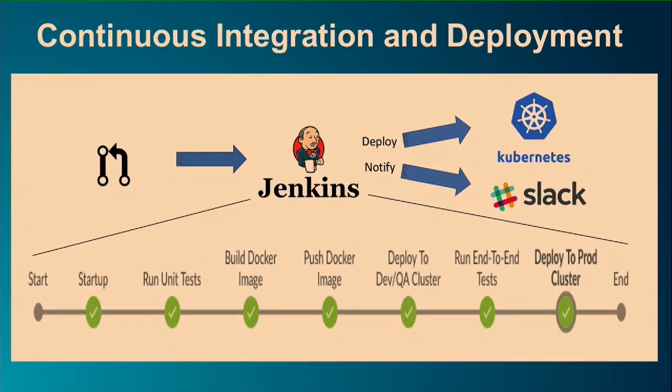On every commit to a PR, a Jenkins job runs, and when we merge that PR into the master branch, the Jenkins pipeline kicks in, which does the following things. It first runs the unit tests and does some basic linting. It builds the Docker image from the repo and pushes that Docker image to the AWS ECR repository. And it also creates the deployment YAML files that I showed you in the previous slide.